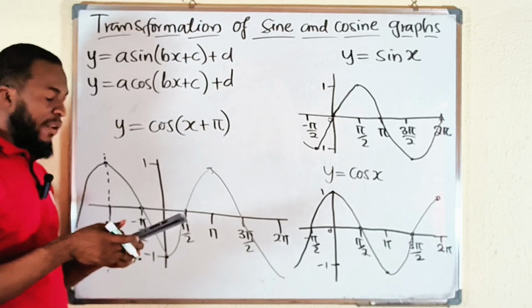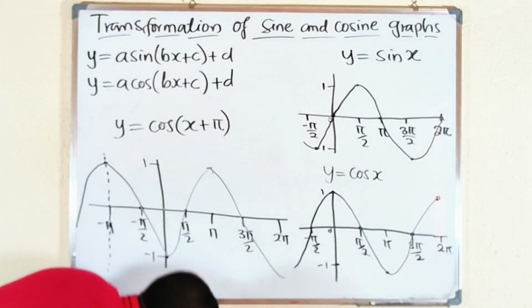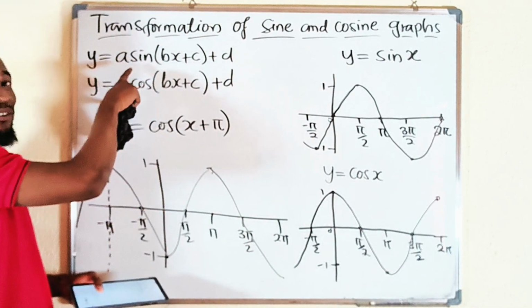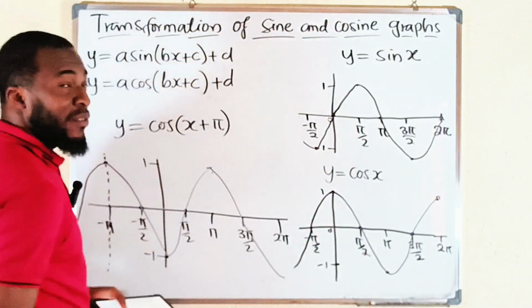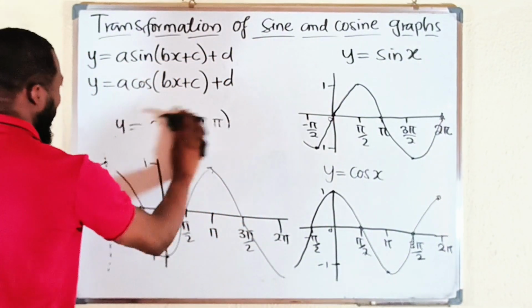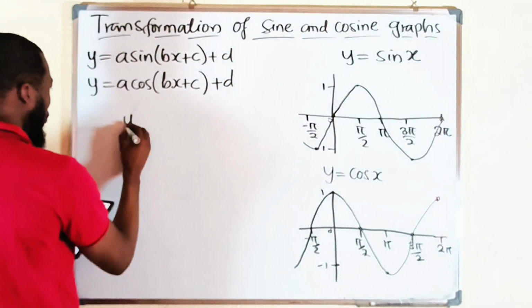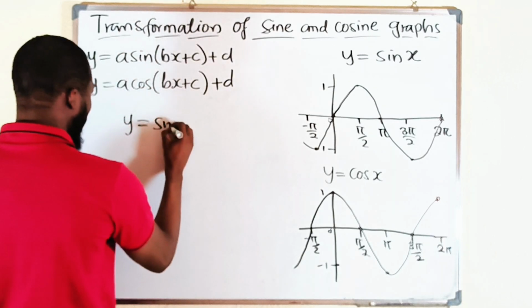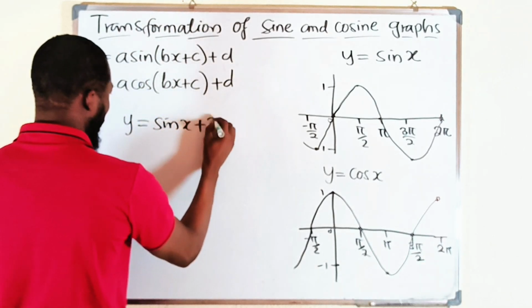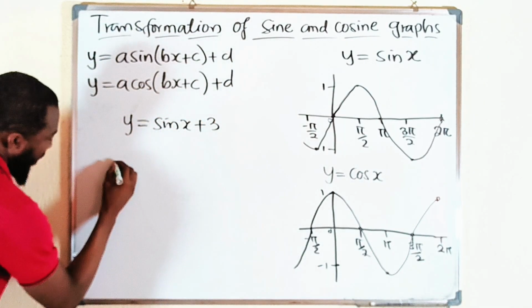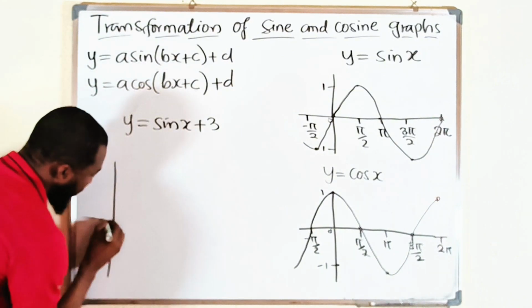Now let us talk about a vertical shift. In the end, I'm going to write an equation, a function in this form, to see how we can construct it all together. We have the first one, y equals sine x plus 3.